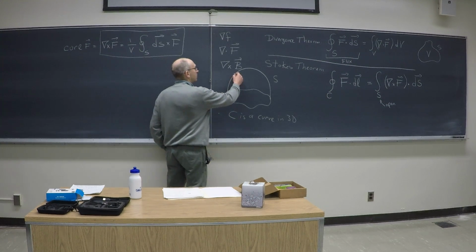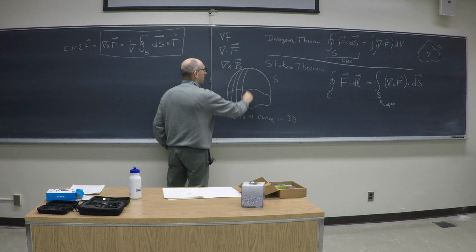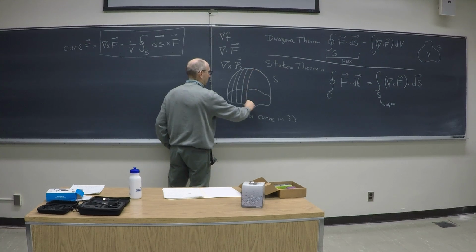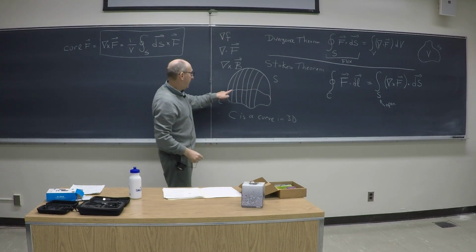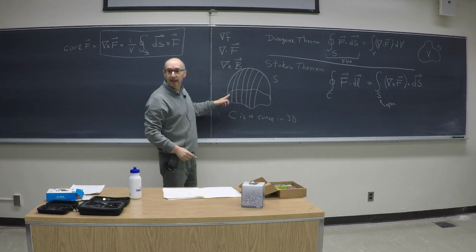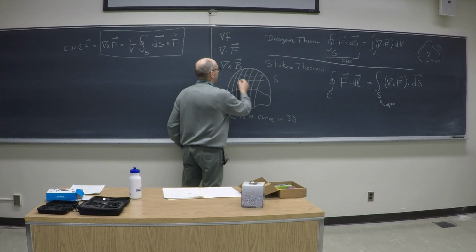So it's going to look like this. This is the front, and of course there are going to be lines that end at the back part of the curve C, and similar, there are some lines like that.